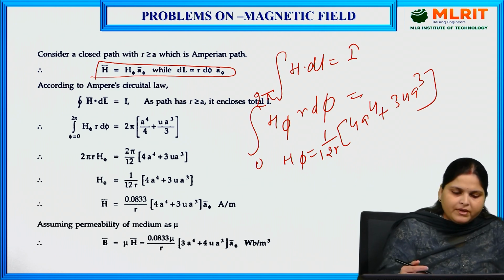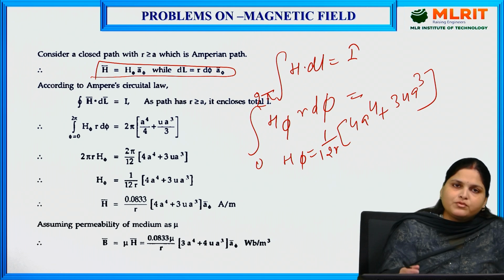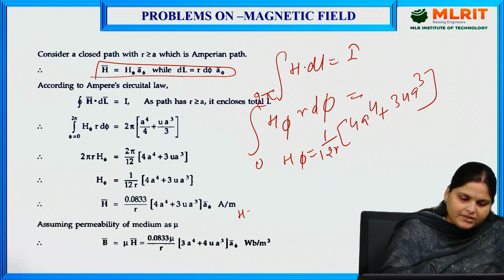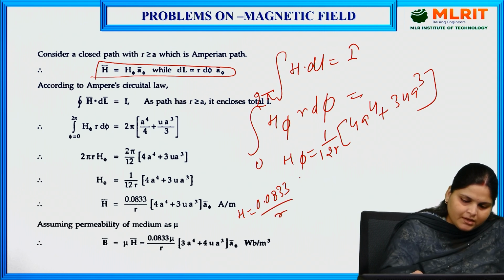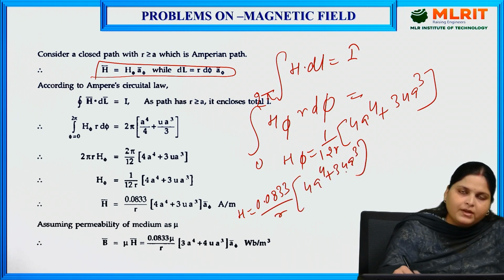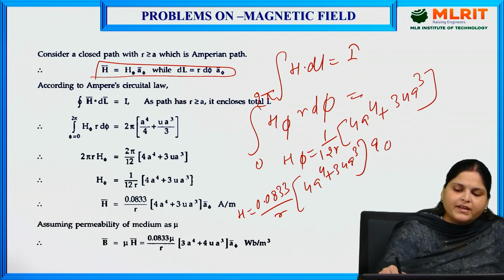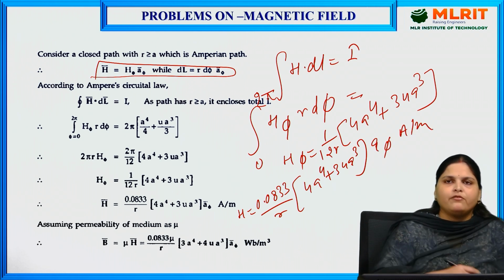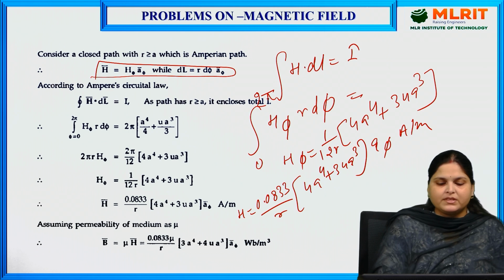We can directly write H equals 0.0833 by r (4a to the power 4 plus 3ua cube), in the phi direction, so we write a phi. So this is the field intensity.